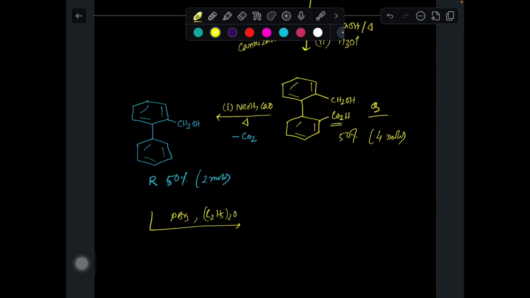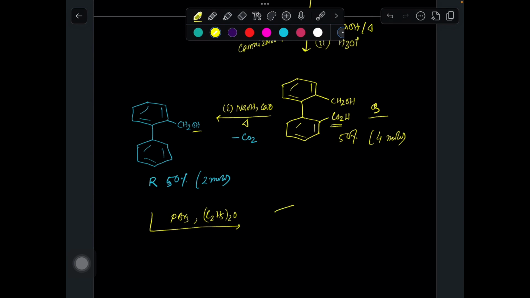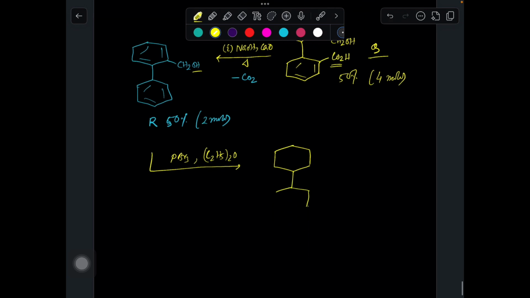It is very simple bromination. The OH group will be replaced by the Br group. It is a type of SN2 reaction. Now it will convert to the corresponding product. These are very common reactions.